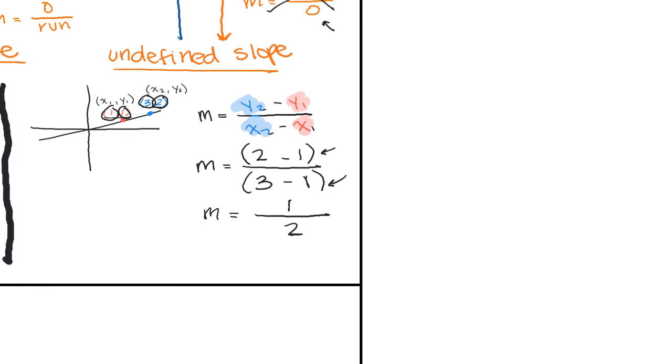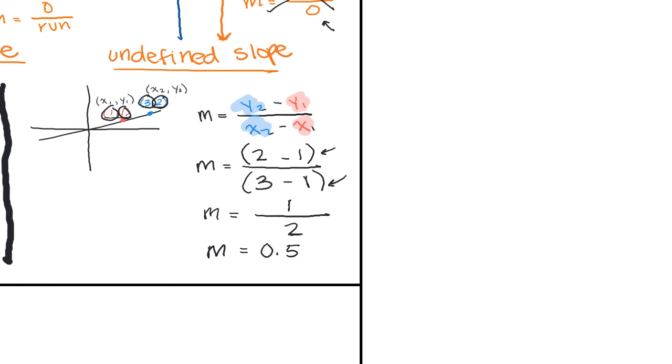All right, so we've got a pretty simple fraction. Slope is 1/2. We could also simplify this even more if we wanted to plug this into our calculator and get it into decimal form. 1/2 in decimal form is 0.5. There are no units for slope. So we are done with this problem. That is our final answer here.